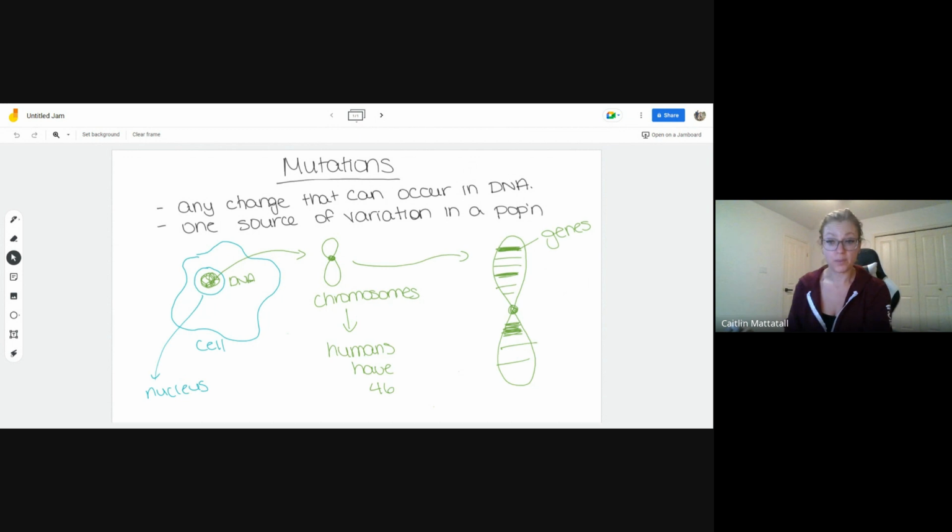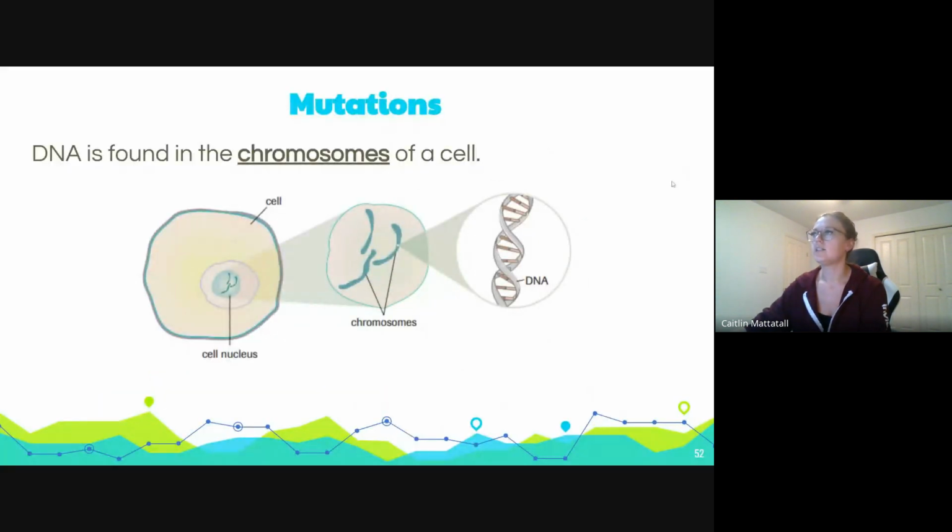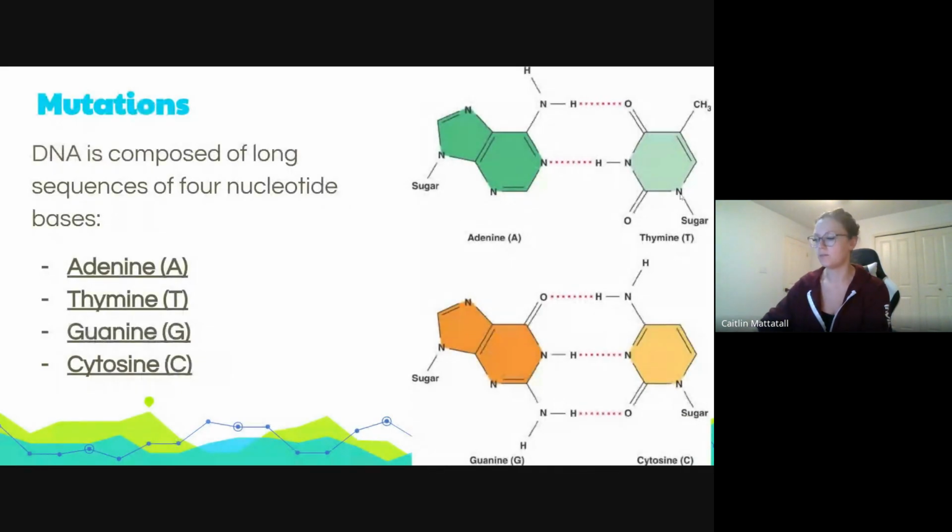If something happens in the DNA sequence or the DNA strand that makes up these genes, that can change what genes we're looking at and give us blue eyes instead of green eyes, or brown eyes instead of gray eyes. All of that stuff comes from changes in the DNA sequences themselves.